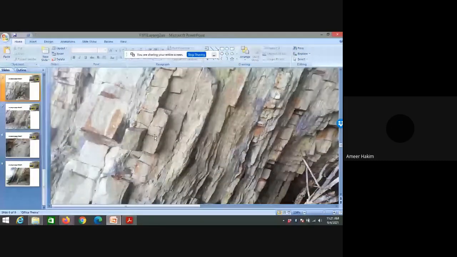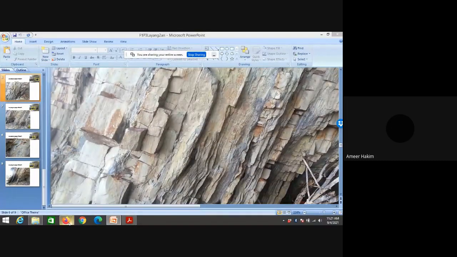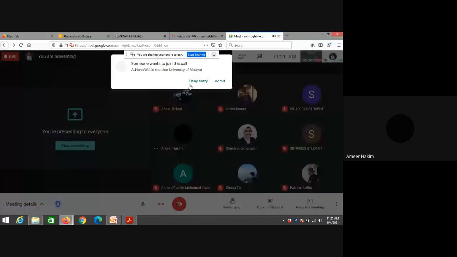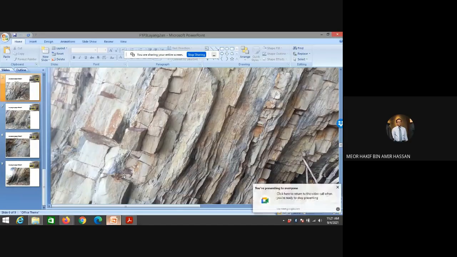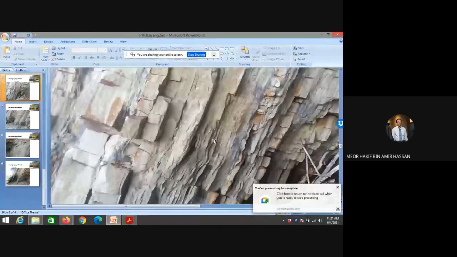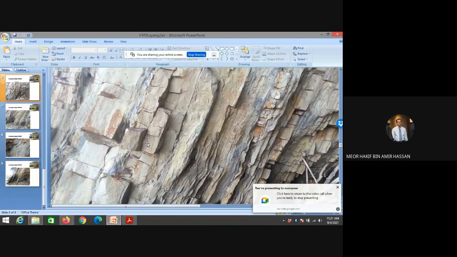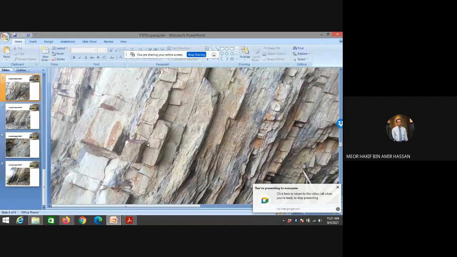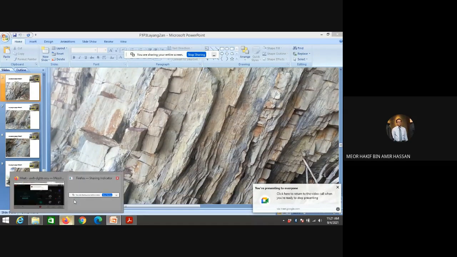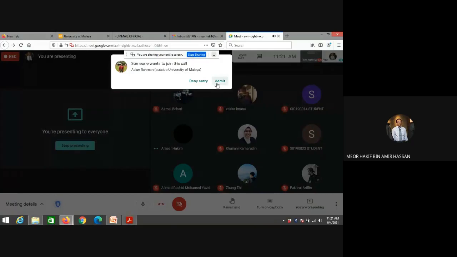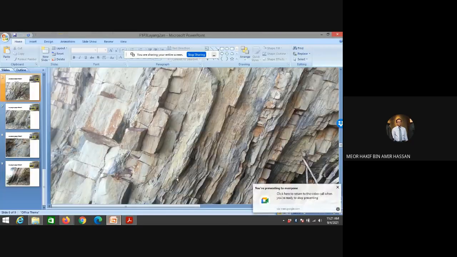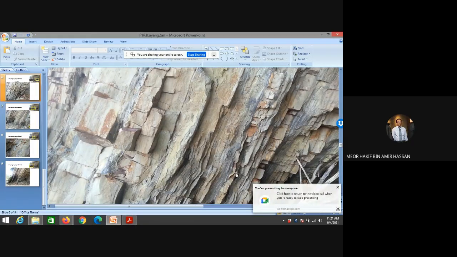Doctor, how about hummocky cross stratification? Okay. Oh, dah jauh ke depan. Kita tak sampai lagi topik ni dekat sedimentology. But yeah, possible. Boleh cerita sikit, do you see any hummocky cross stratification here? Can you direct me to the part in the photo where you see it?